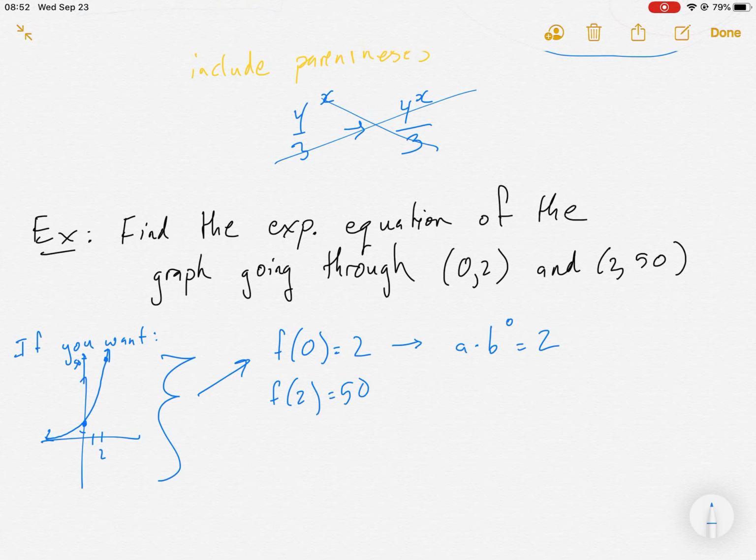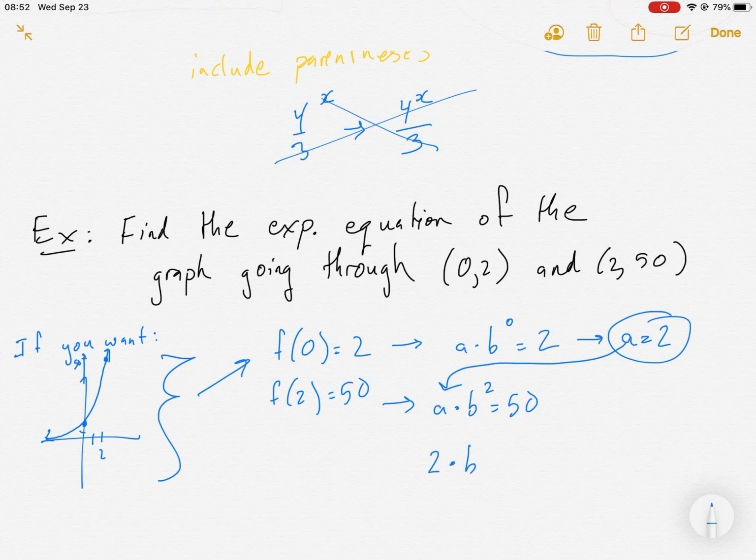Remember, b to the power of 0 is 1, so then I know that a equals 2. Now I'm going to plug that into this other one. So this tells me that a times b to the power of 2 is 50. But I know that a is 2. So 2 times b squared equals 50.